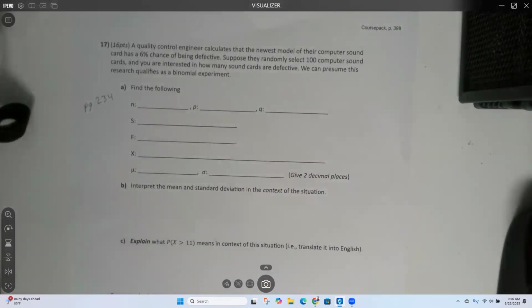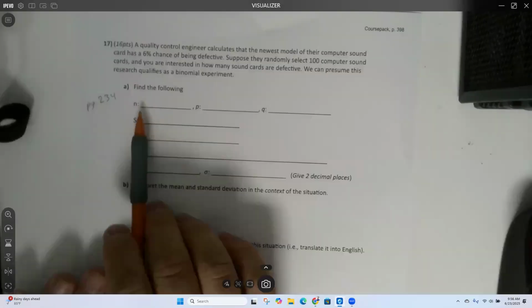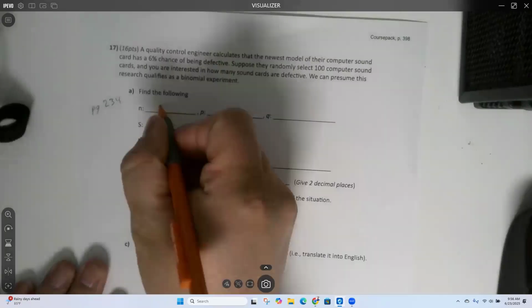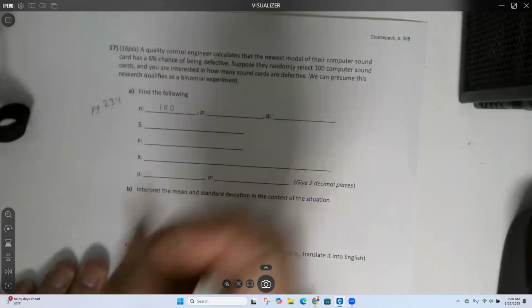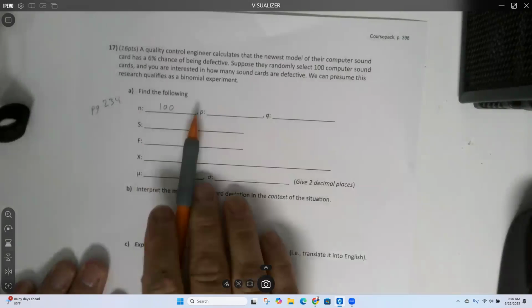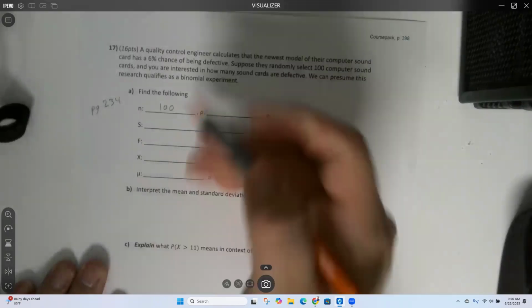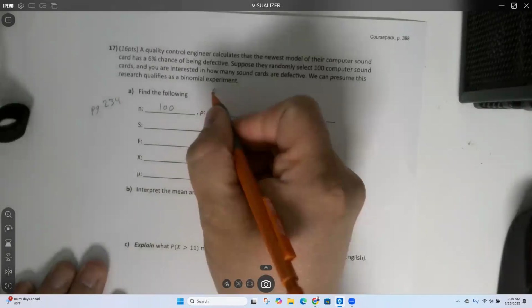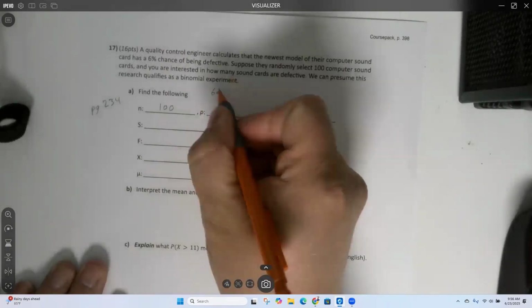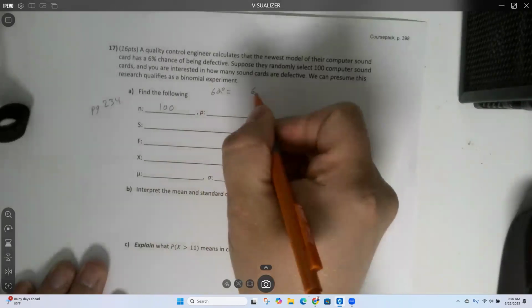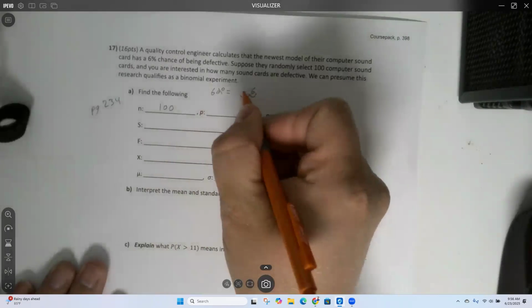Okay, so find the following. n is how many that you did, the number. We have 100 cards that we grabbed. p is the probability, and the probability here is 6%. We're going to write that as a decimal, so you take your 6 and move the decimal 2 places to the left.